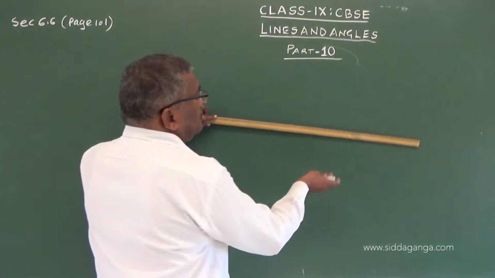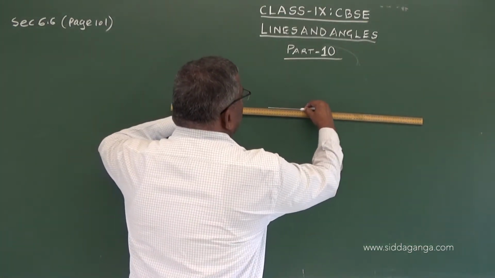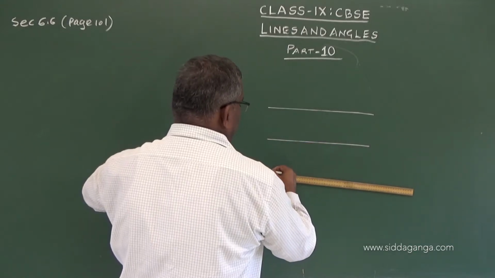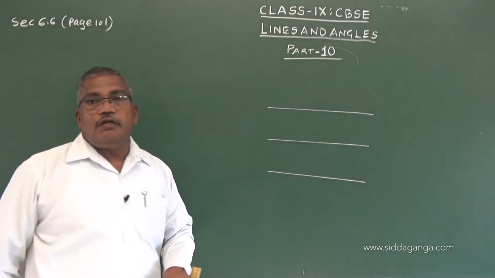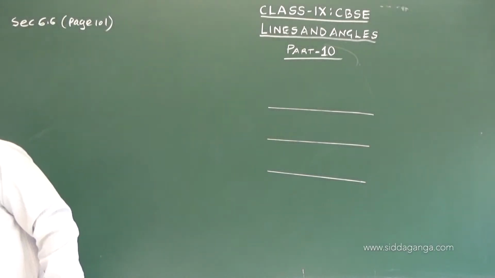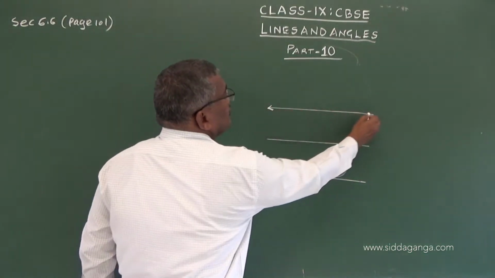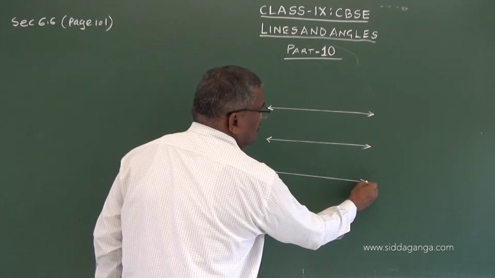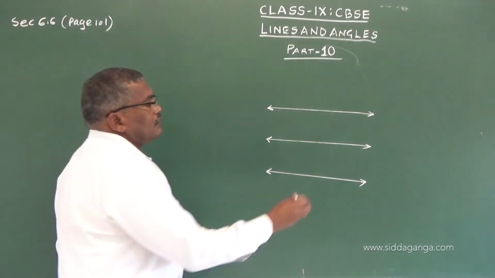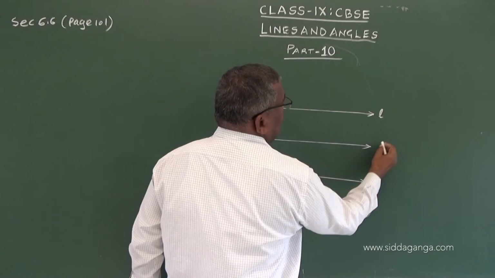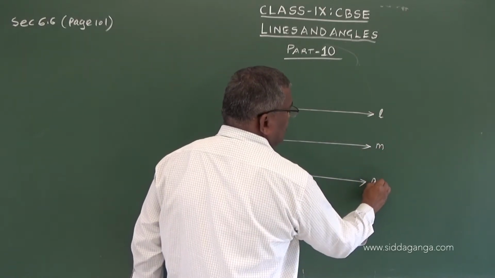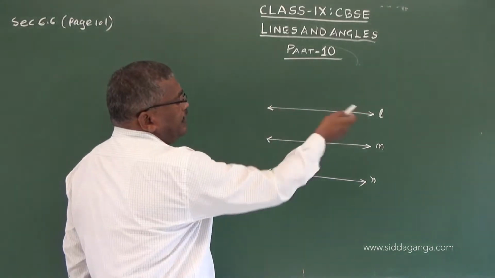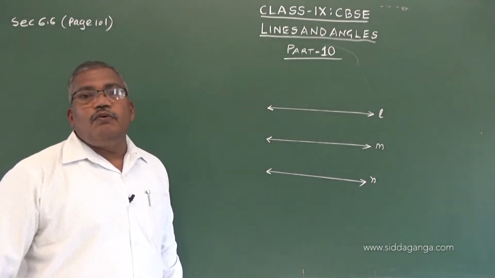First, you understand the topic now. If there are three lines, say these are three lines, I will mark them as line L, line M, and line N. As you know, lines are represented by AB, BC, CD, PQ, RS.